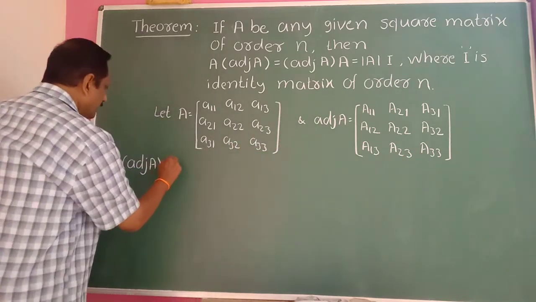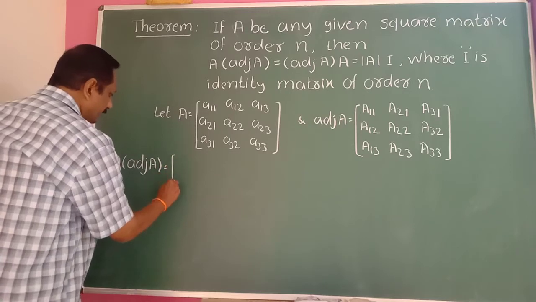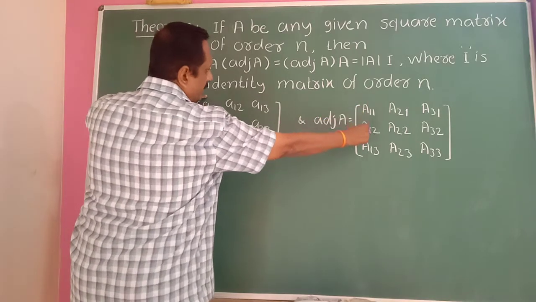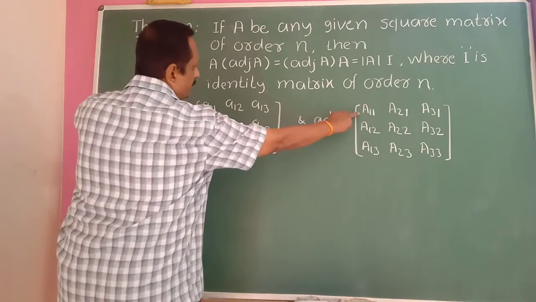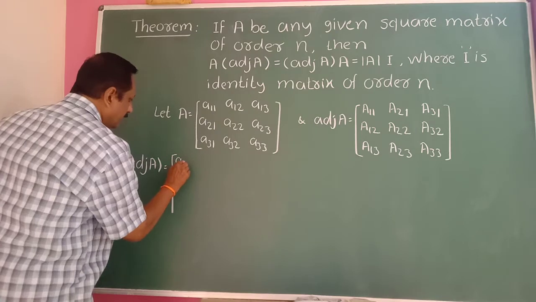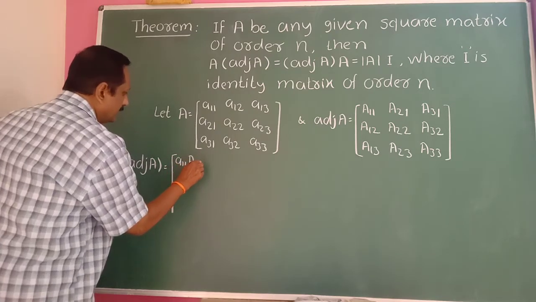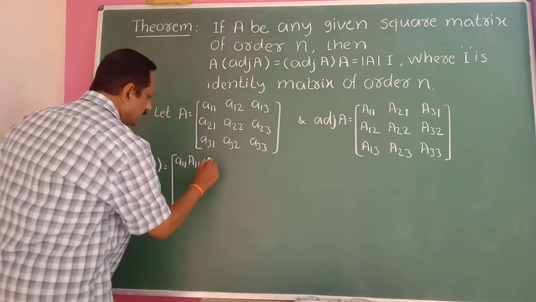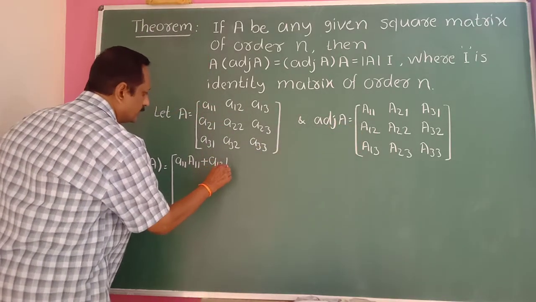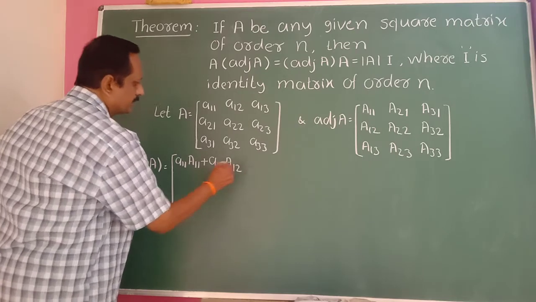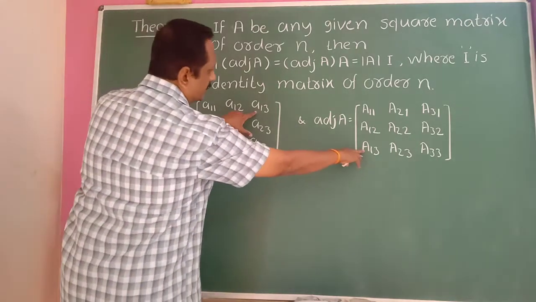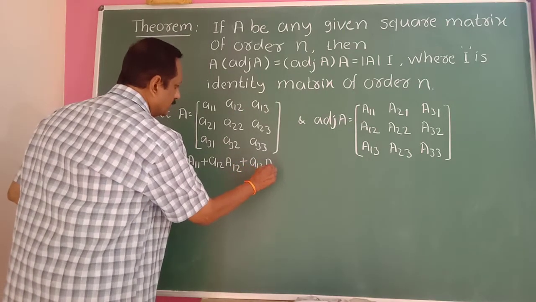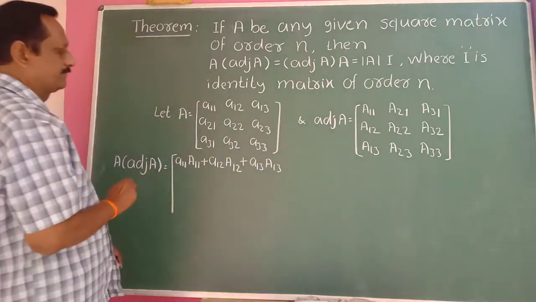Multiply this row with this column: A11 into capital A11 plus A12 into capital A12 plus A13 into capital A13.